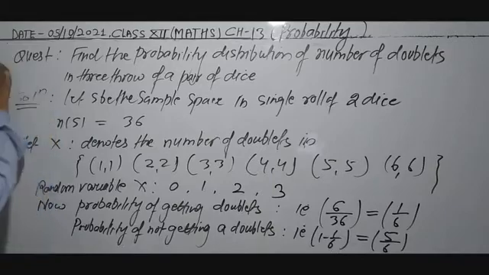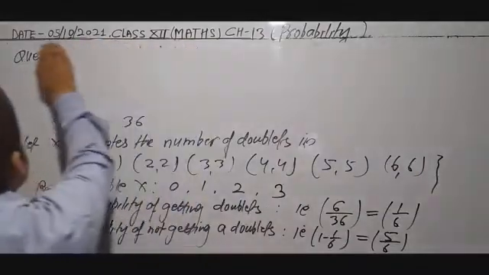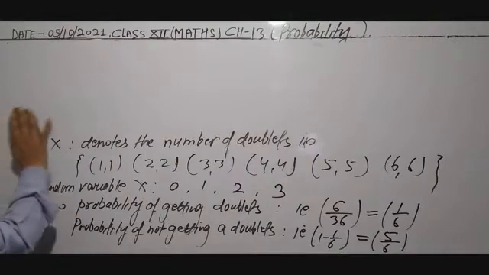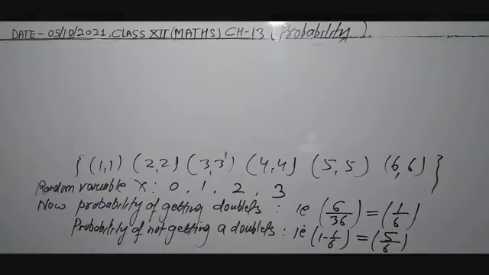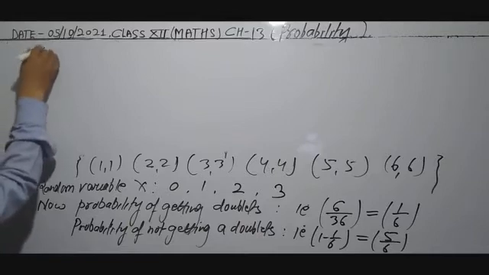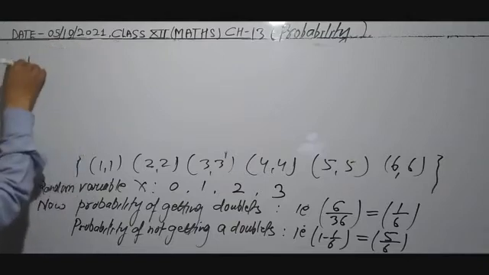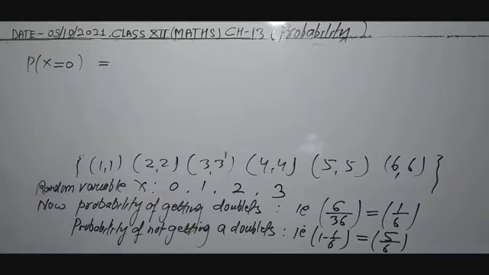Now we have to calculate P(X = 0), the probability of getting no doublets.